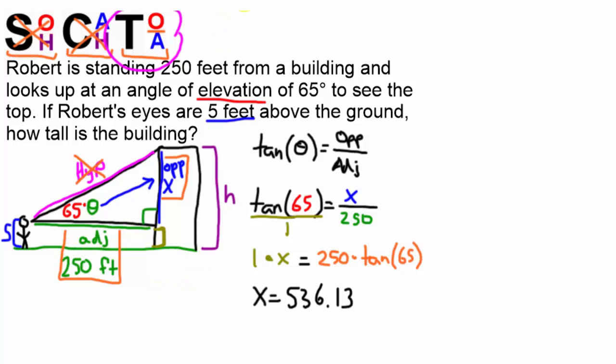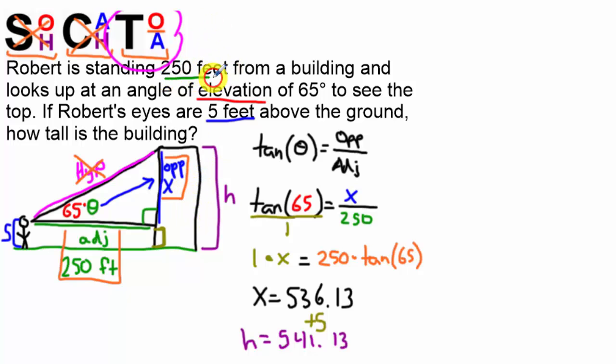So let's add the 5 feet to our x. We need to add 5. And so that means the total height would be just 5 more, right? So that'd be 541.13. Our units for the answer should be in feet, right?